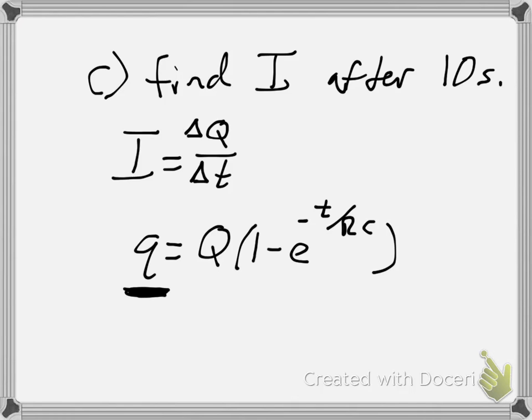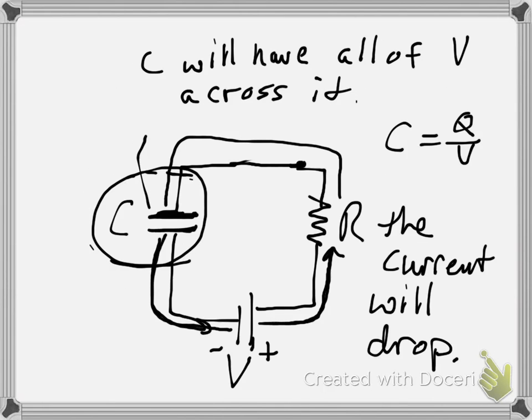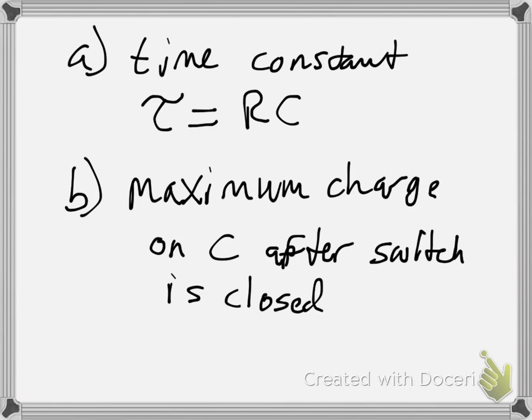I want to make that distinction very clear. But what we can do is use our equation Q equals big Q times 1 minus e to the negative t over RC, and look at the voltage across the capacitor at 10 seconds.